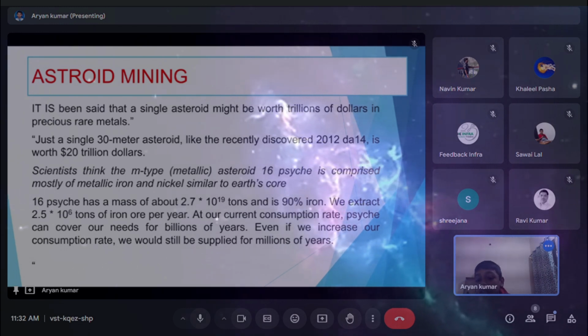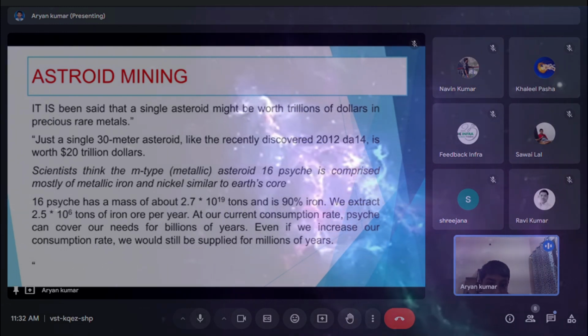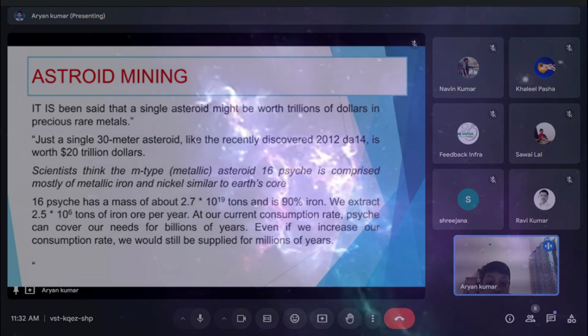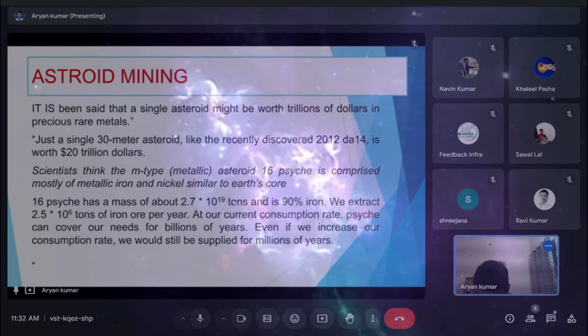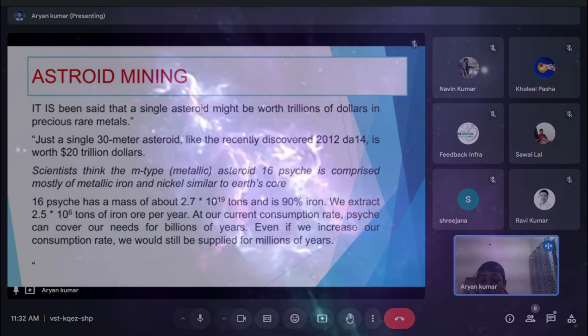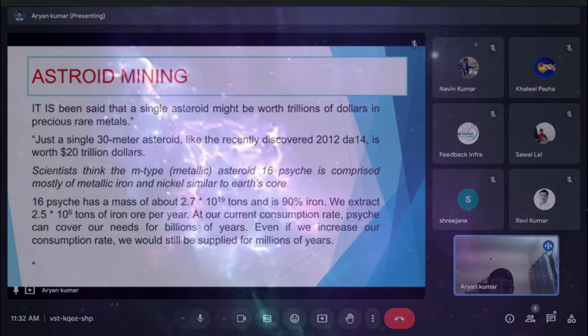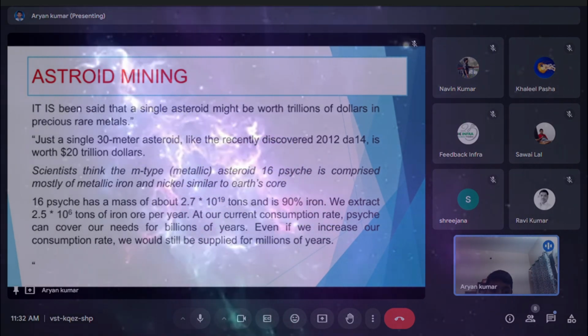Scientists think the M-type metallic asteroid 16 Psyche is composed mostly of metallic iron-nickel, similar to the Earth's core. 16 Psyche has a mass of about 2.7 × 10^19 tons and is 90% iron.